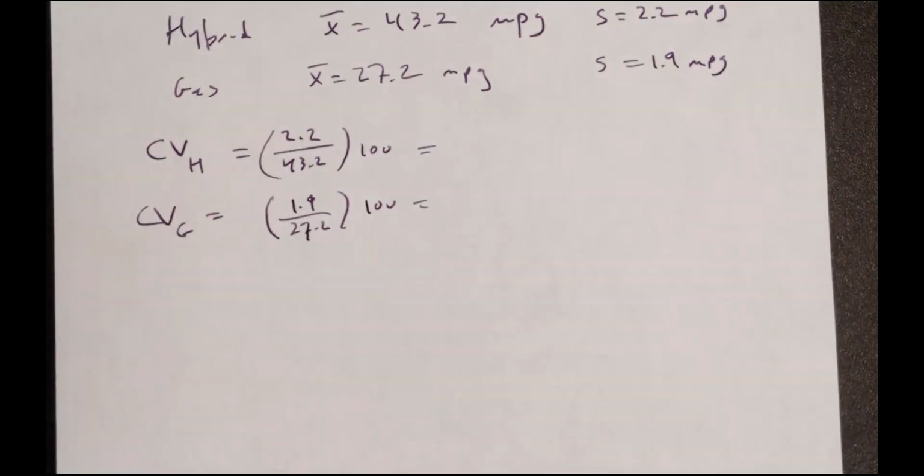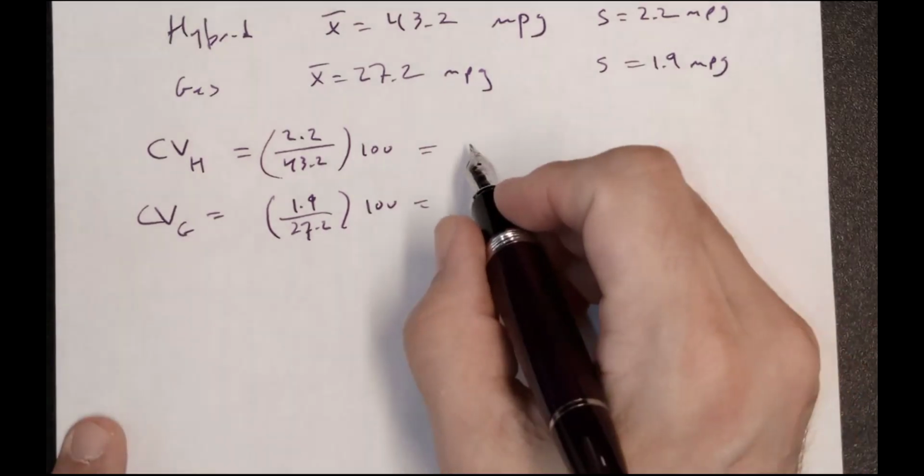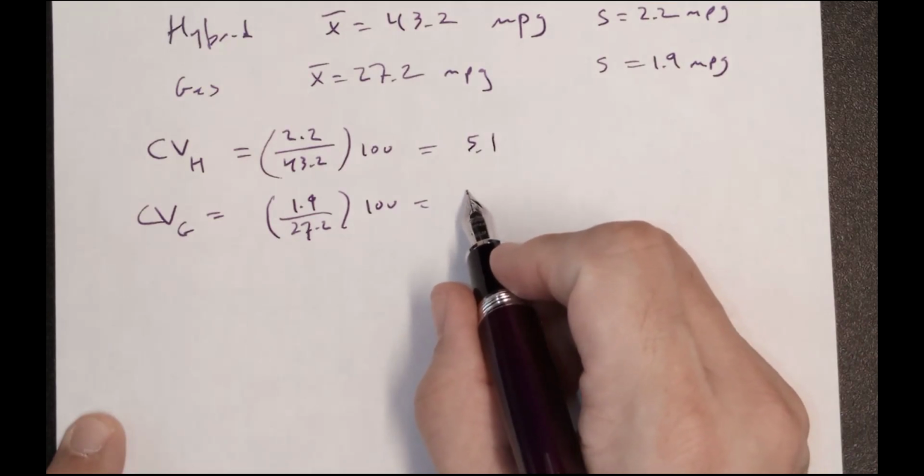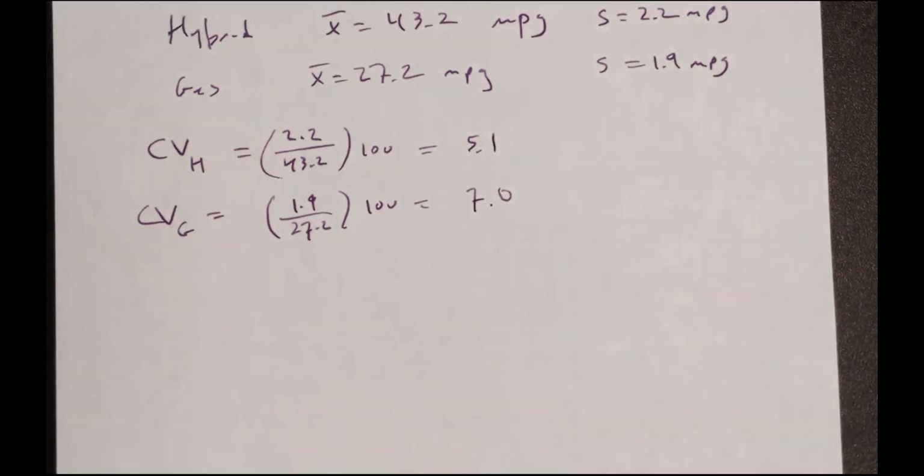A little bit of calculation, and we get 5.1 for the hybrid, and the gas, rounded up, is 7. So in absolute terms, the gas car has a smaller standard deviation.